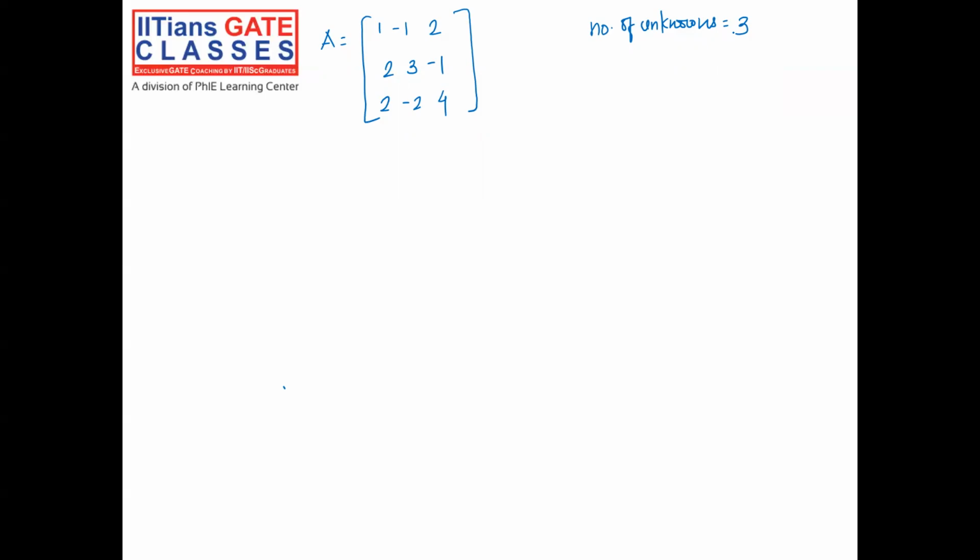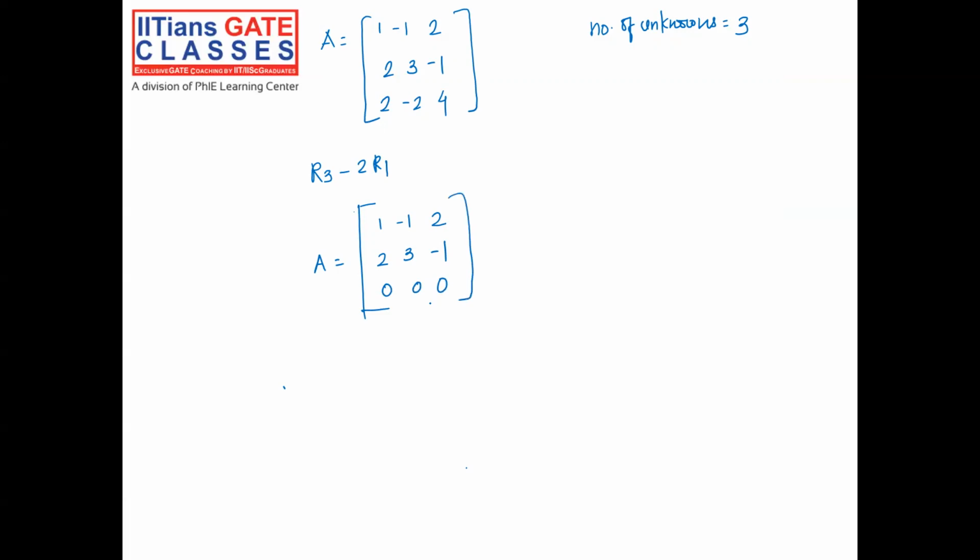So just by looking at this question, we can clearly see that the first row and third row are in proportion. Okay, so if you perform the operation row number 3 minus 2 times row number 1, you will be able to rewrite this matrix as 1, minus 1, 2, 2, 3, minus 1, 0, 0, and 0.